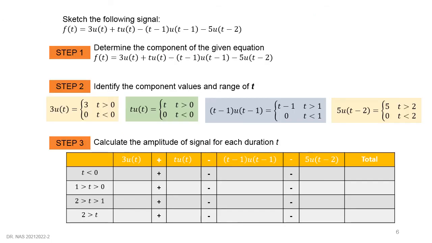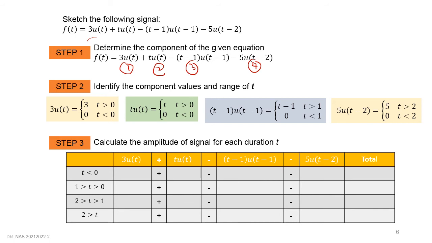Given an equation f(t), you need to draw or sketch how the signal looks like. The first step, you need to break the equation into components. You have the first component here, the second one, the third one, and the fourth one. Next you need to detail up the values, the amplitude and the range of t for each component.